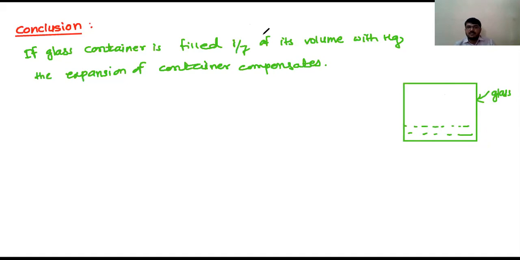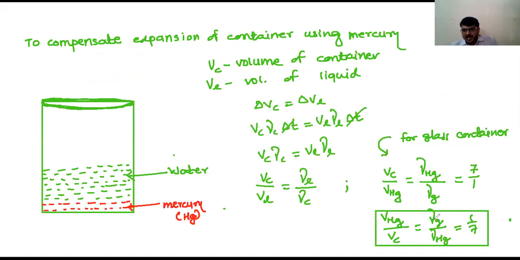If you are having another container, at the place of this gamma g, you have to substitute that coefficient of expansion.